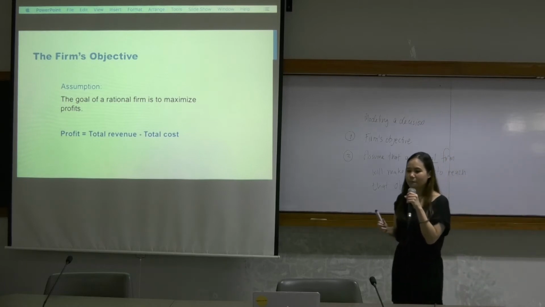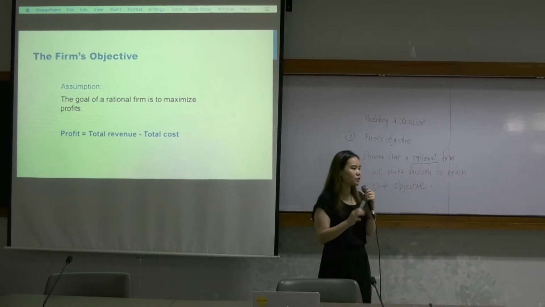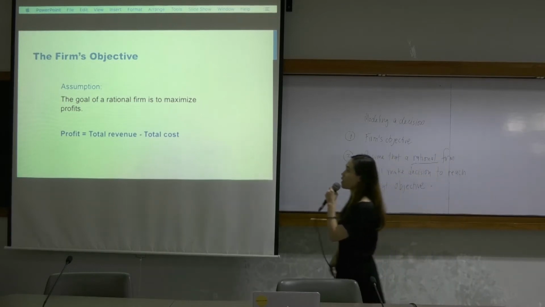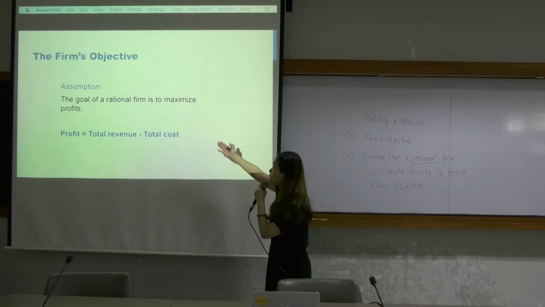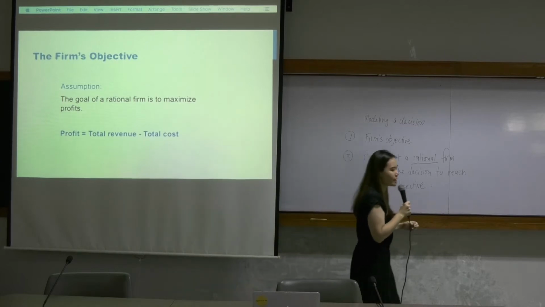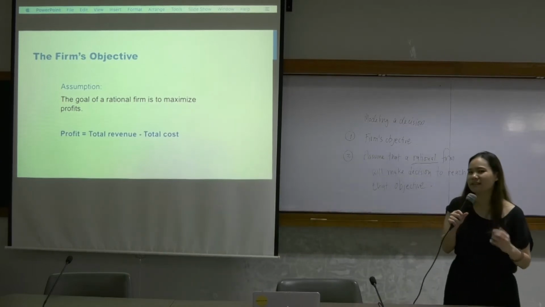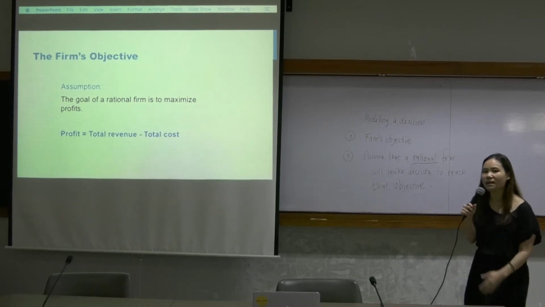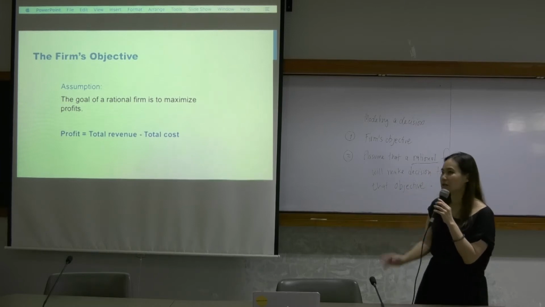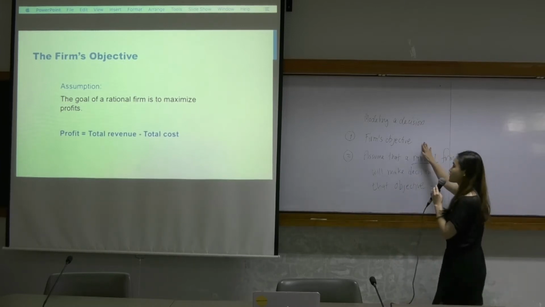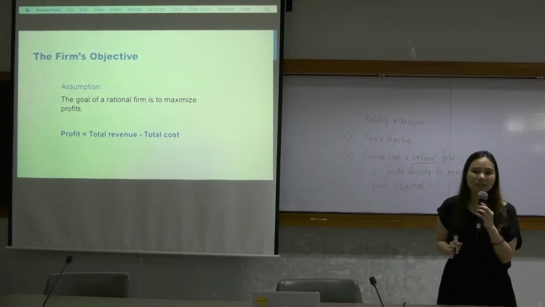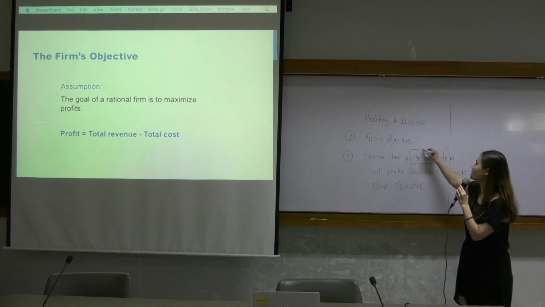So yes, in reality, firms may have so many objectives, but for simplicity, we're just going to assume that all the firms in this class have an objective to maximize profit. So we are not talking about non-profit organizations that want to improve society's well-being. No, we're just going to talk about regular firms who want profit.